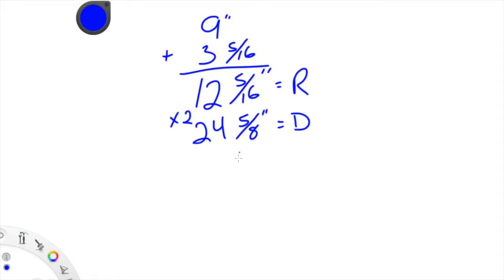Now with our diameter, we're going to times that by pi to get our circumference.